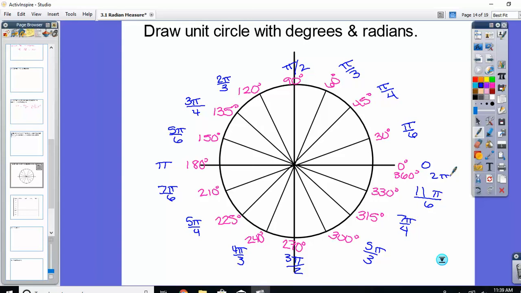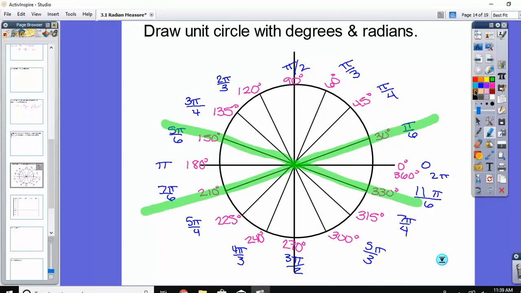In the first quadrant, the numerator was just pi. Second quadrant, it was 1 less than the bottom. Third quadrant, 1 more than the bottom. Fourth was double minus 1. And if you look, we have our reference angles that line up. These lines are all the 30 degrees, so they're always over 6.